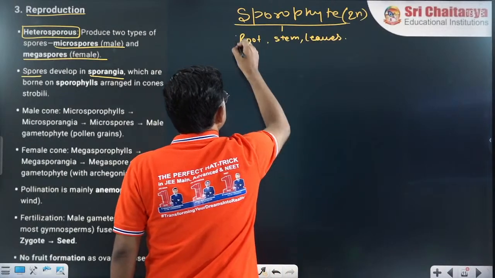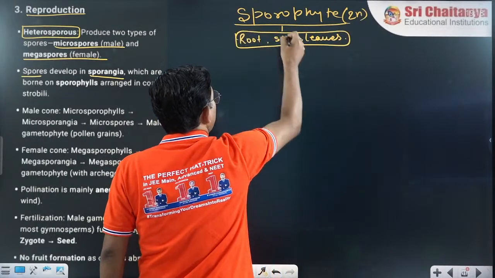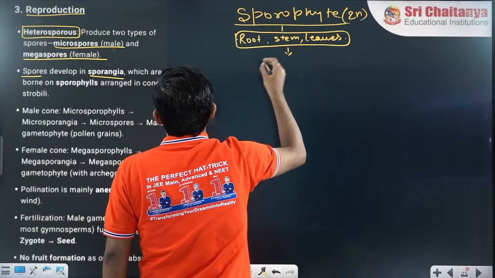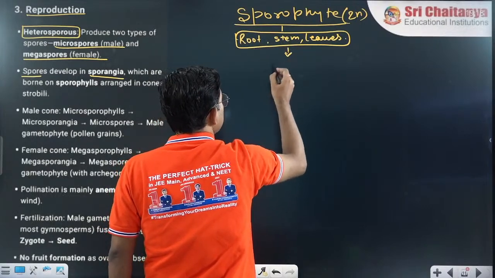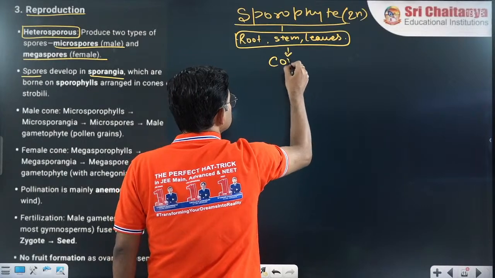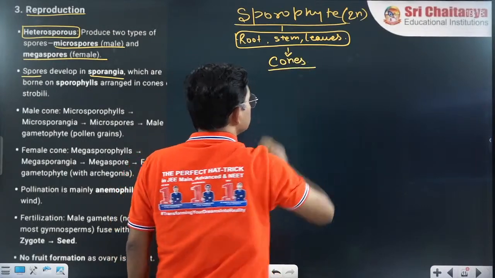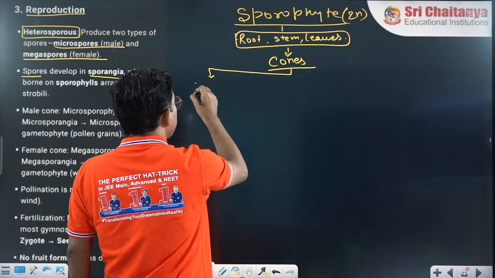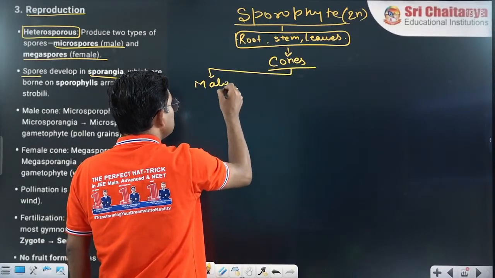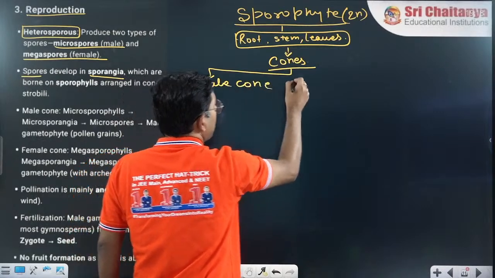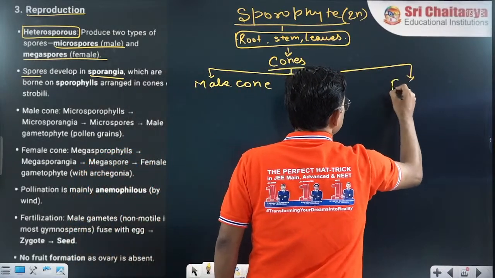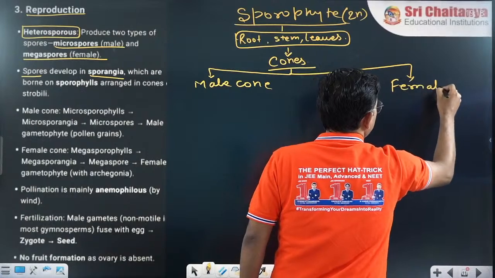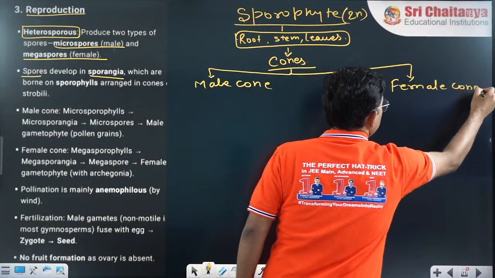Apart from that, the reproductive structure of gymnosperm is called cones, right? Now, cone can be male cone and cone can be female cone. Remember, male cone and female cone.